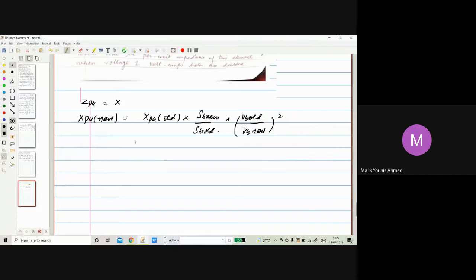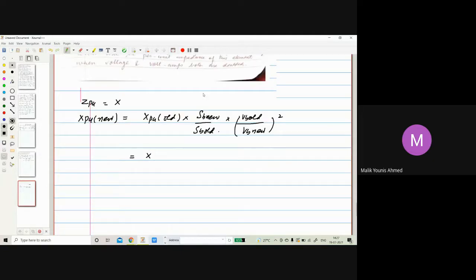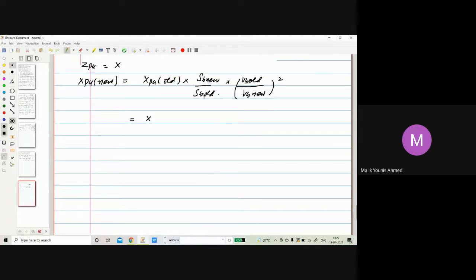XPU old is X. If both base values are doubled, the old values are all X and the new values are 2X. Oh, sorry.